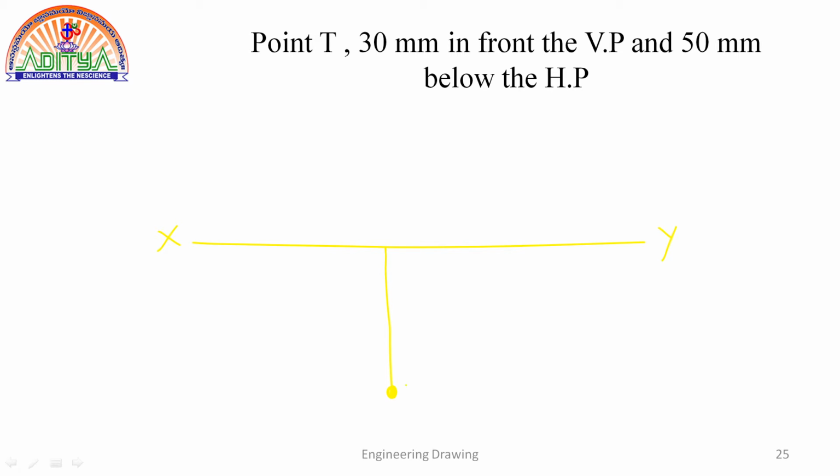This is point small t dash, the front view, and this is the dimension of 50. And if you are seeing from the top, the dimension is 30 mm.